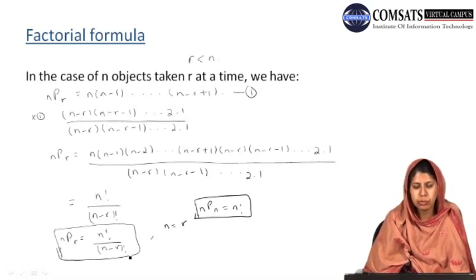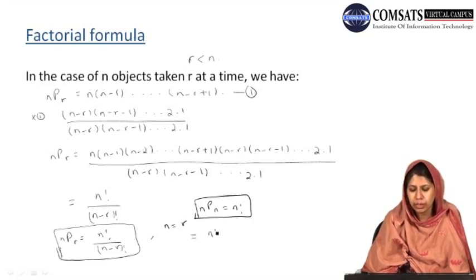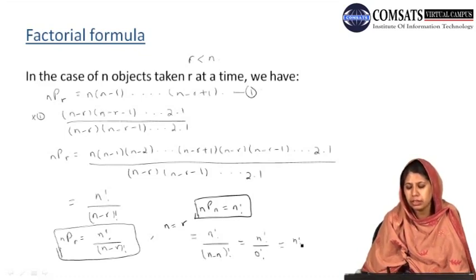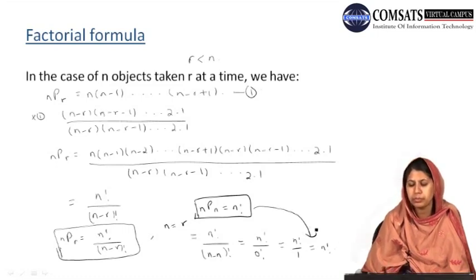Now from this formula we can obtain our nPn formula. How? By simply replacing the value of r in our formula, we obtain n factorial over n minus n factorial, which is n factorial divided by 0 factorial, and we have seen that 0 factorial is always 1, so this is nothing but n factorial.